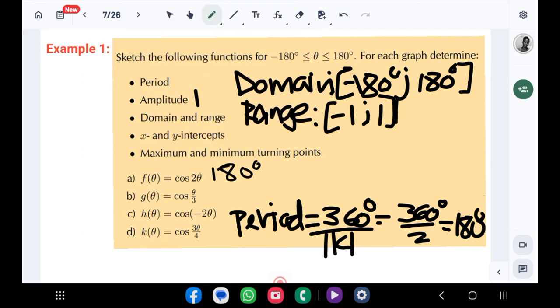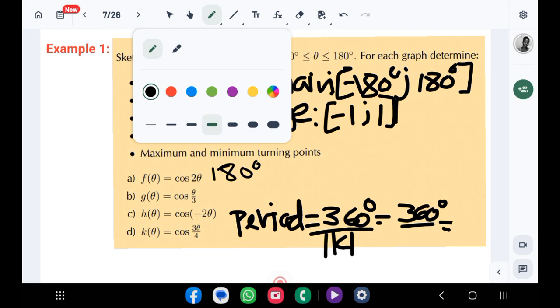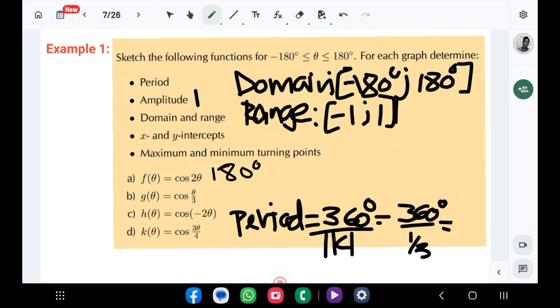For the second one, it's 360 divided by the absolute value of 1/3. That is our k. Our k is 1/3, meaning that now we multiply. So that's 360 multiplied by, flip it upside down, 3/1.